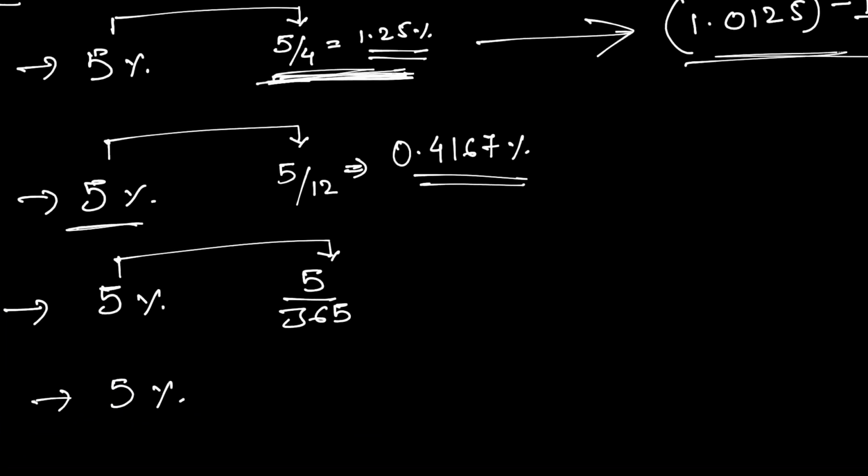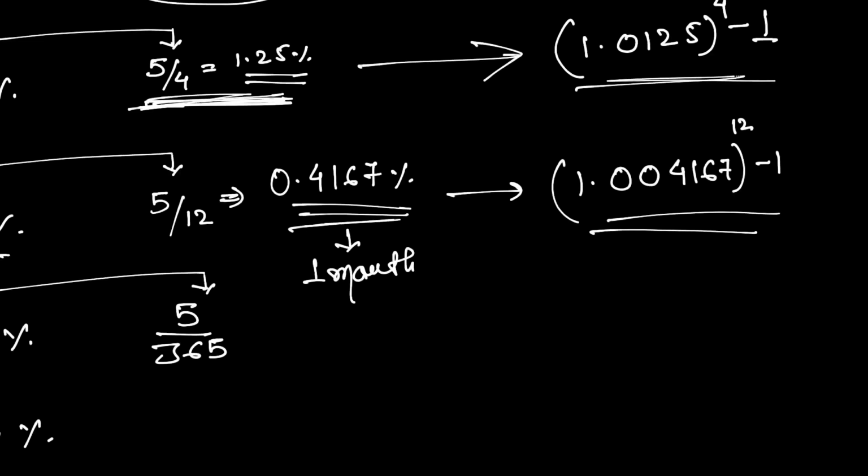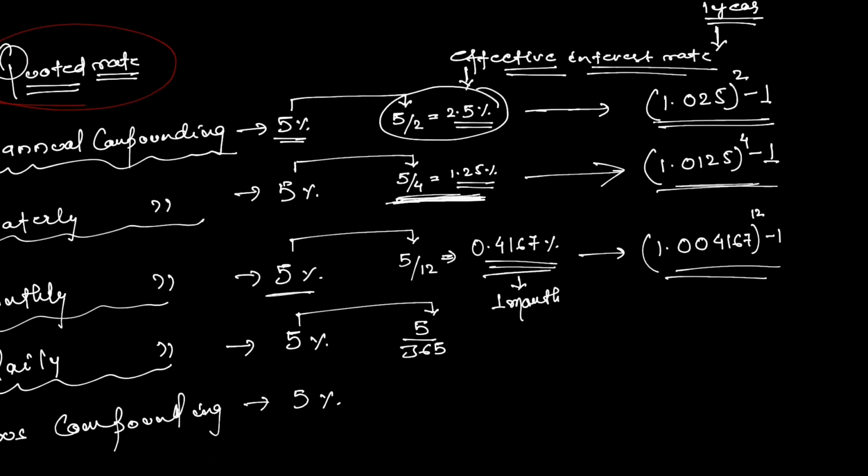Similarly, if you want to move from the effective interest rate of 1 month to the effective interest rate of 1 year, you will play with power: 1.004167 raised to the power 12 minus 1. These formulas would give you the effective interest rate of 1 year.